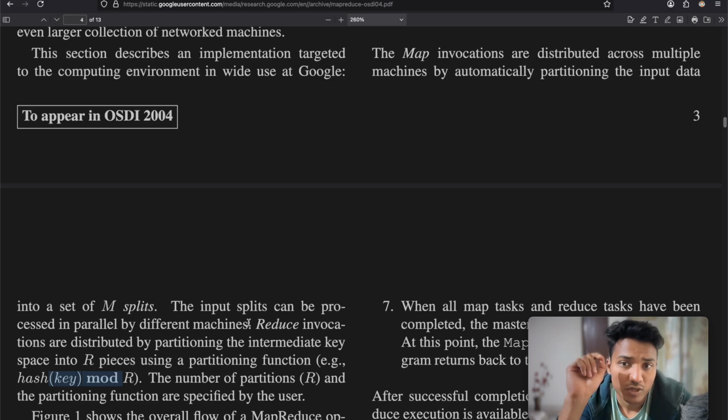So what it will do is group together all the keys that have a similar remainder when divided by R. That's how mod works, right?